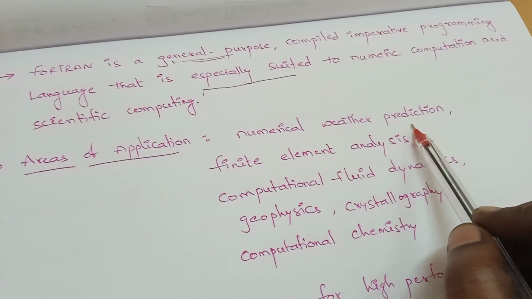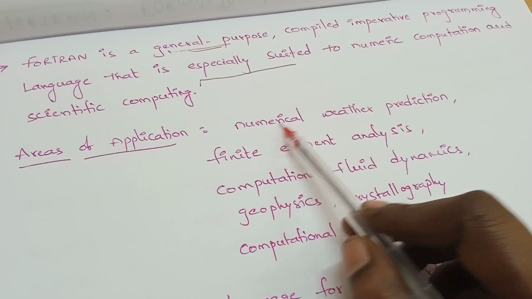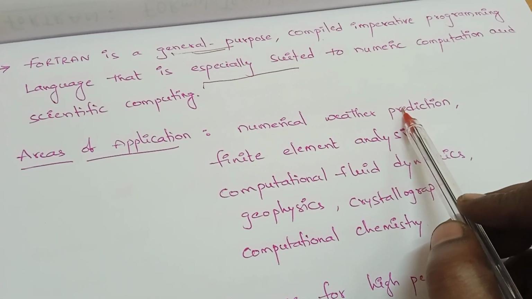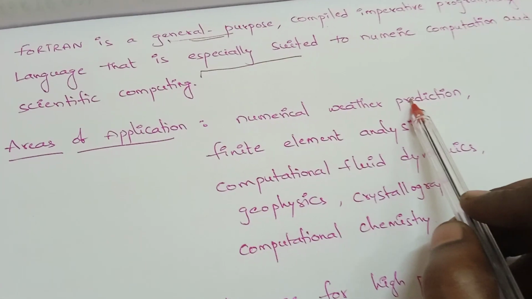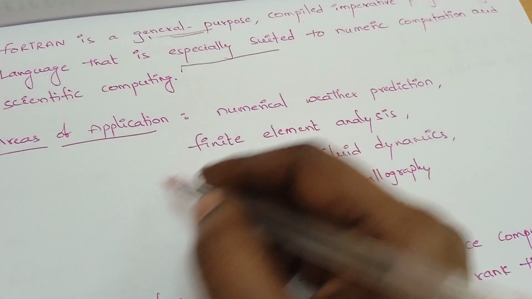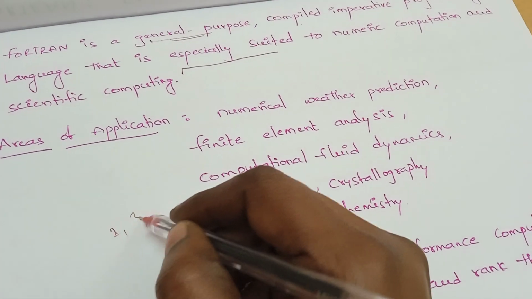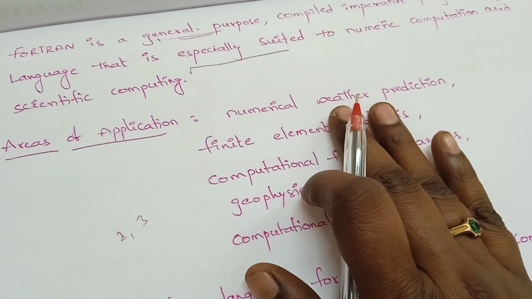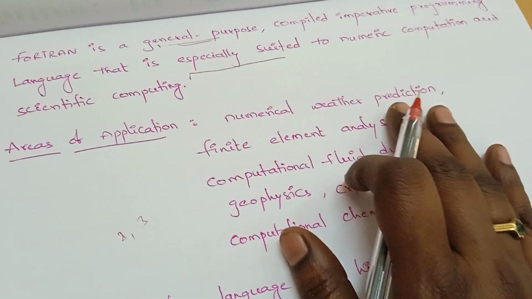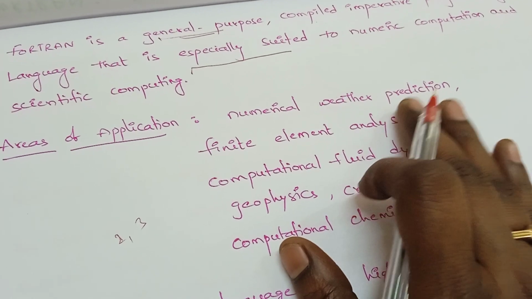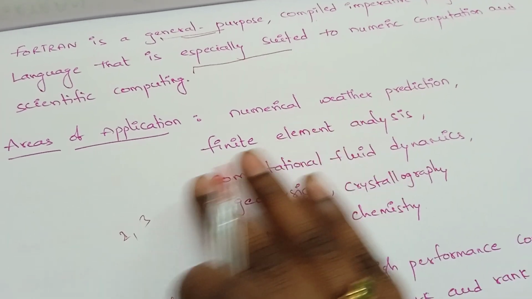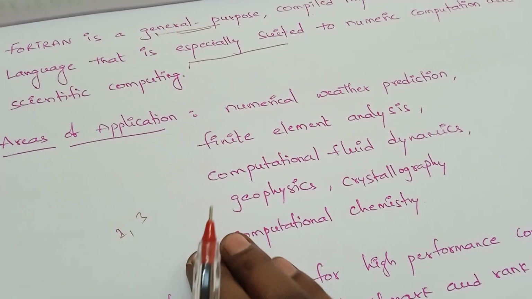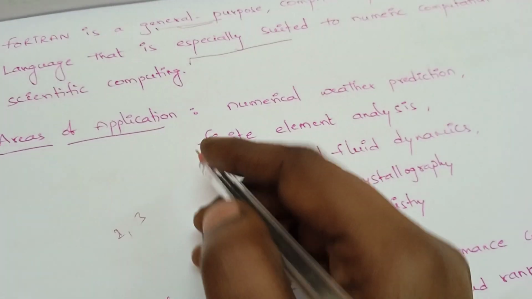Numerical weather prediction. When you look at numerical weather prediction, we will have larger values, correct? Our values won't be something like 2 comma 3 with simple arithmetic operations. Numerical weather prediction means we use large floating point representation. When you look at all the applications, you will understand this.